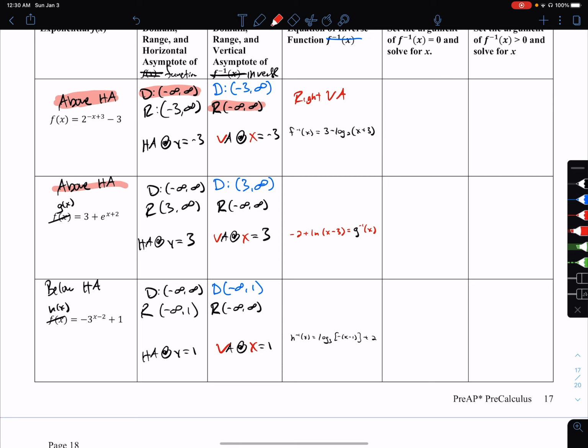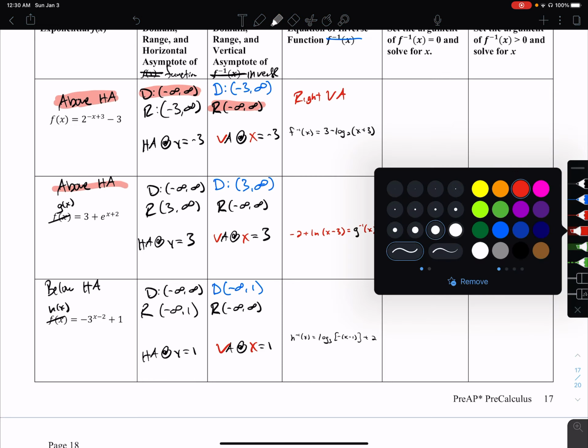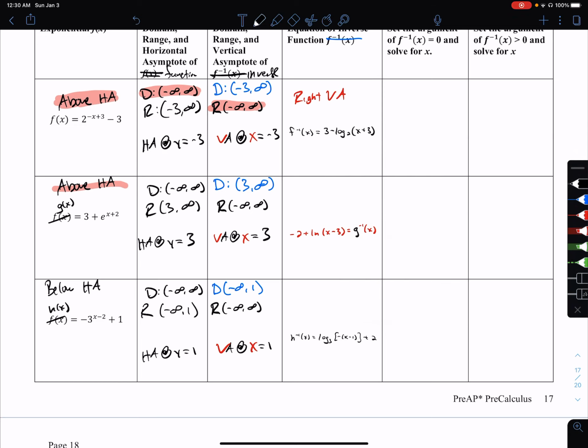G of x was above the horizontal asymptote. That means the inverse is going to be to the right of the vertical asymptote. H of x was below the horizontal asymptote. That means H inverse is going to be to the left of the vertical asymptote.